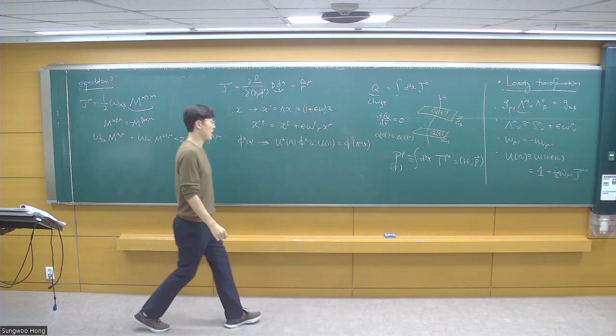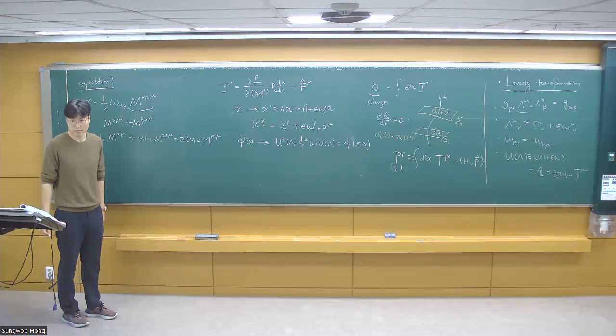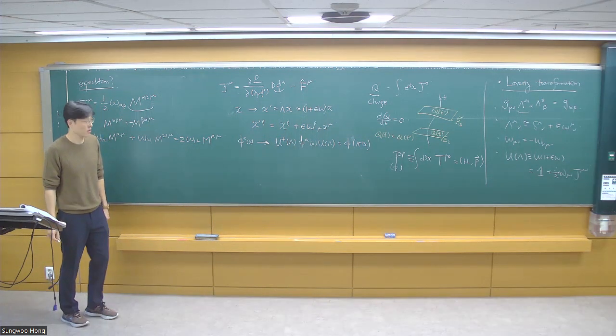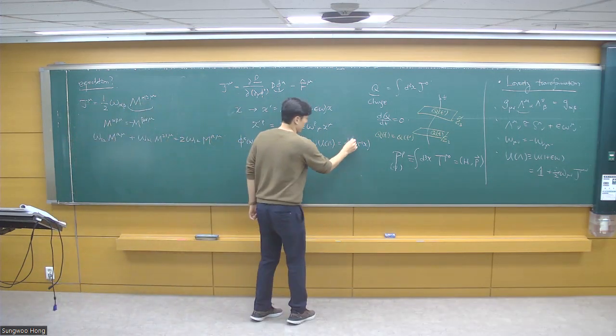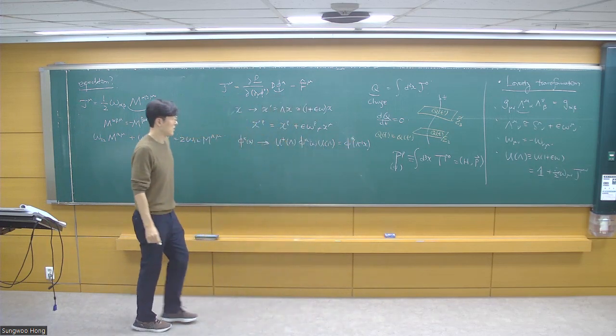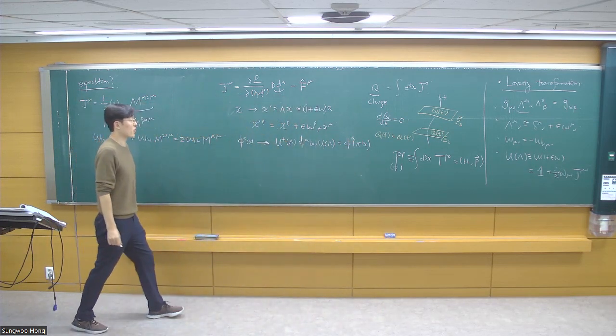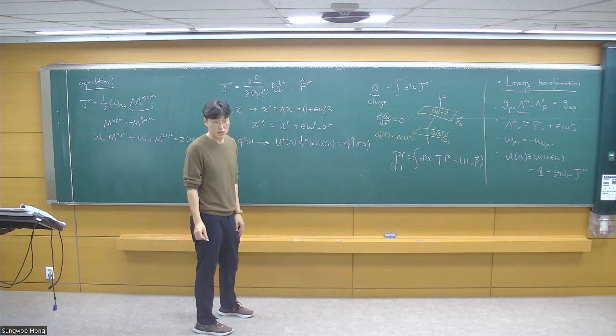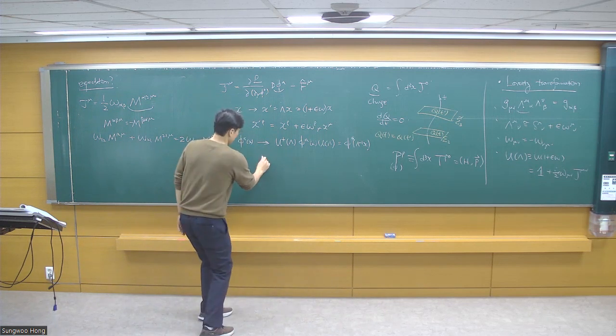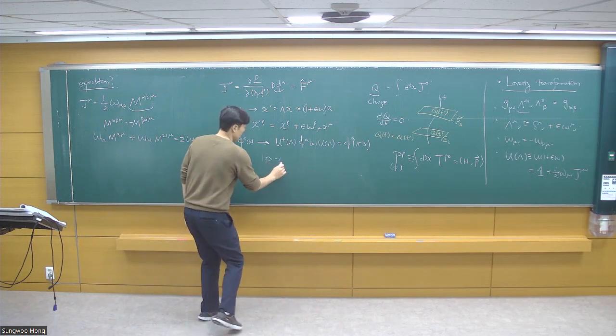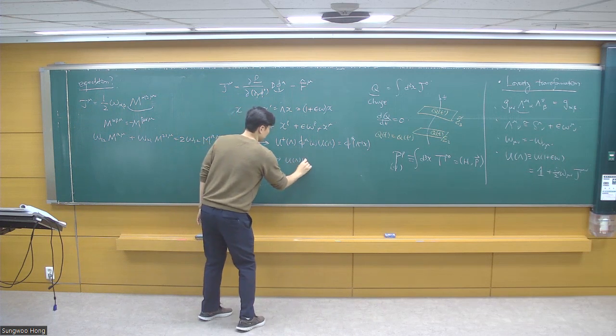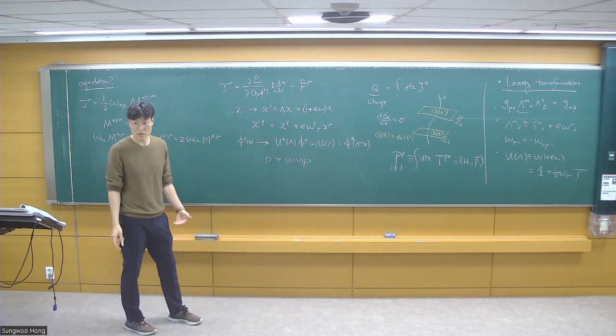That was how this thing transforms. So you may have forgotten where they come from. So let me quickly remind you. Given a state, say a p state, we knew that this guy transforms like that. So this is how we knew that.